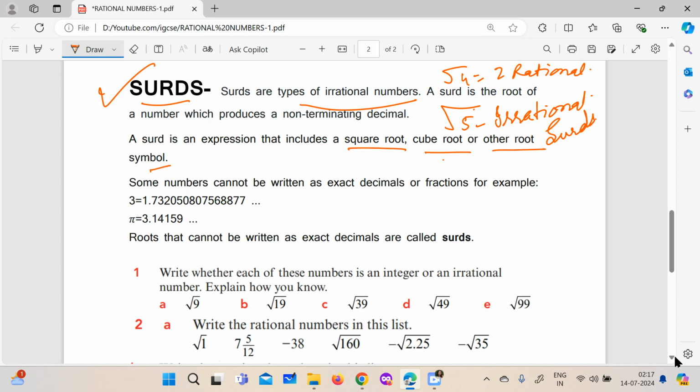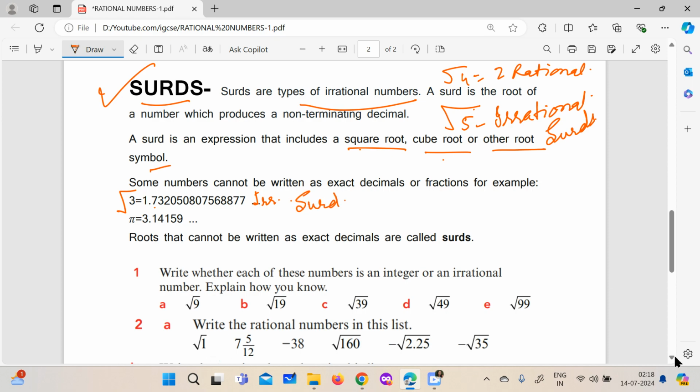So let's see, this is root 3. Root 3 is 1.732050807568877, and something keeps on going. You will not find any pattern here. Since there is no pattern, this falls in the category of irrational numbers. And when it is in the square root form, we also call this a surd.